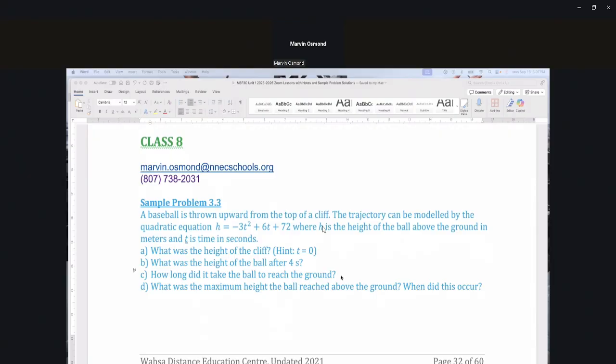So if it's a parabola, then we can create a quadratic equation to model the path that the ball takes. And again, if you took photographs, click, click, click, and then put all those photographs together and looked at the ball, you would actually see the shape of that parabola.